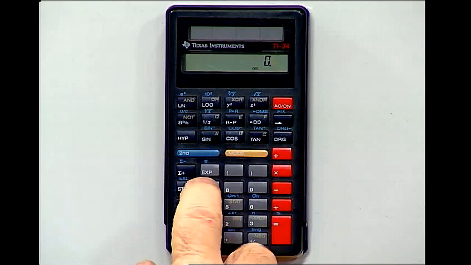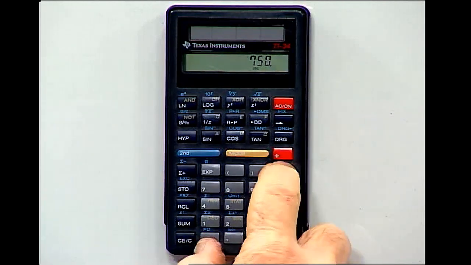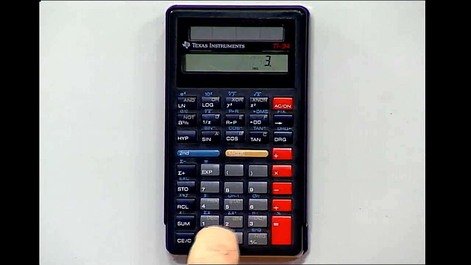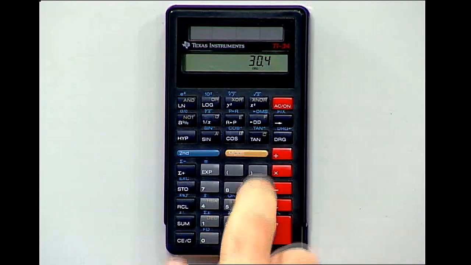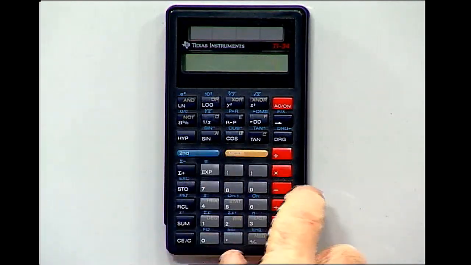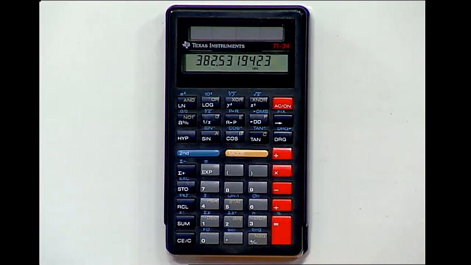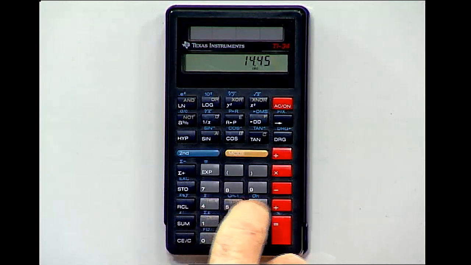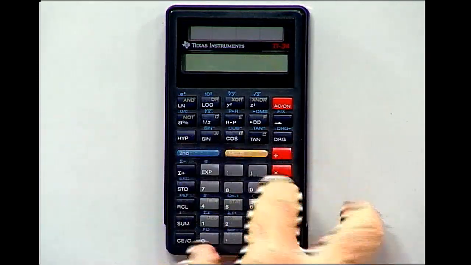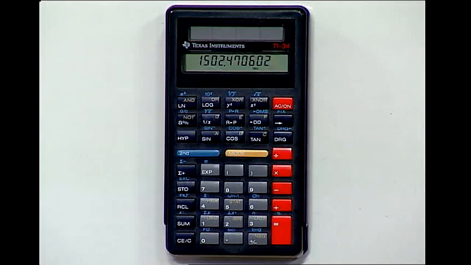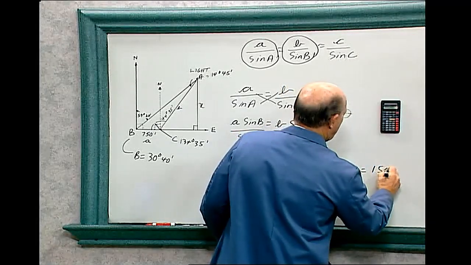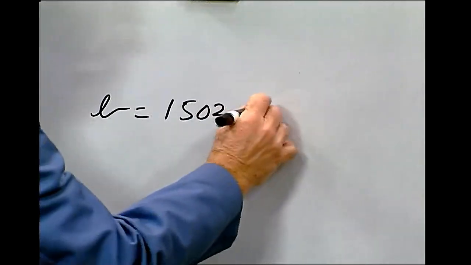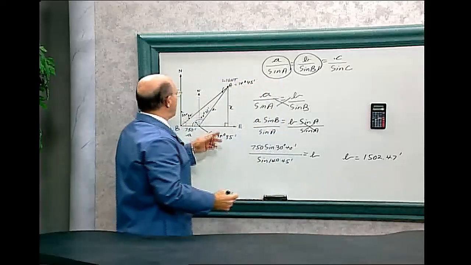So 750 times sine of 30 degrees point 40 minutes, which is 0.4 decimal, divided by sine of 14 degrees point 45 minutes decimal, equals, so B equals 1502.47 feet.